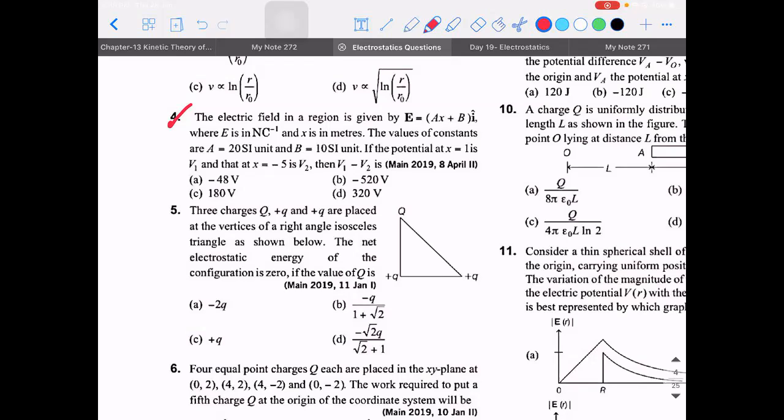E is equal to, don't forget the minus sign, minus dV by dr. Okay, so you can have a doubt about when to use that minus sign and when not to. When you have E equal to minus dV by dr, whenever you are integrating, use the negative sign. Whenever you are solving the problem mathematically, treat it like a formula.